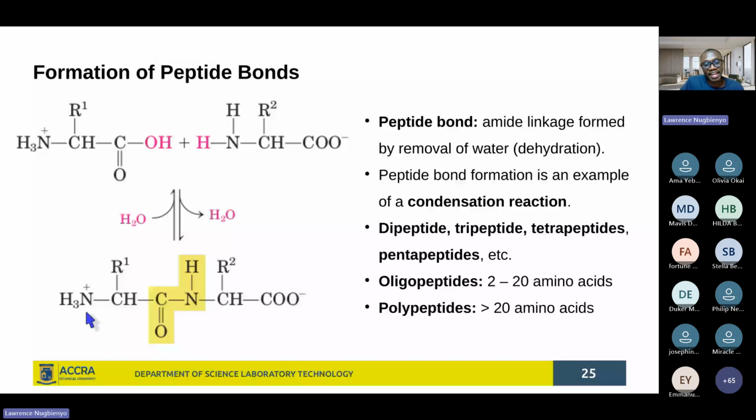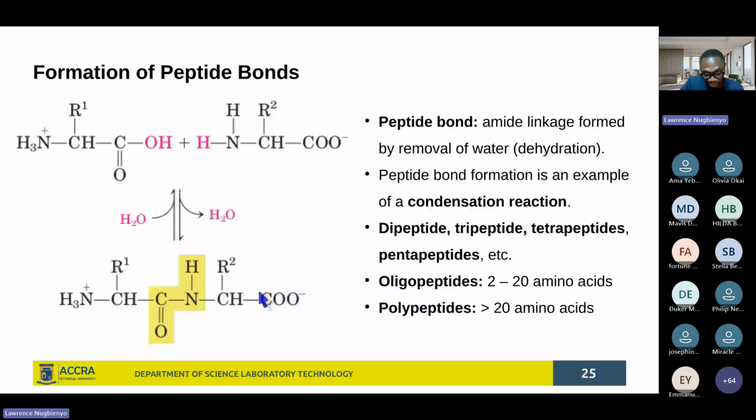And I said the chain can continue to grow when more and more amino acids bind. What it means is that on the right-hand side, if more amino acids come to bind and the chain grows to the right-hand side, always the end of the peptide on the right-hand side is going to be a carboxylic acid group. As you see here, the end here is a carboxylic acid group.